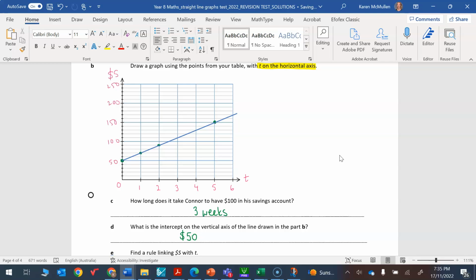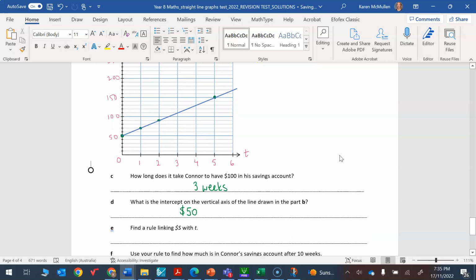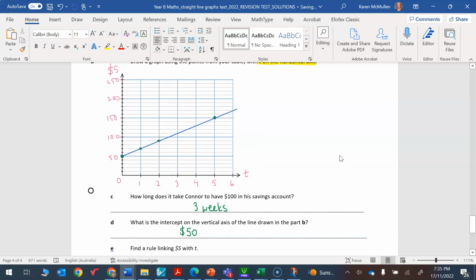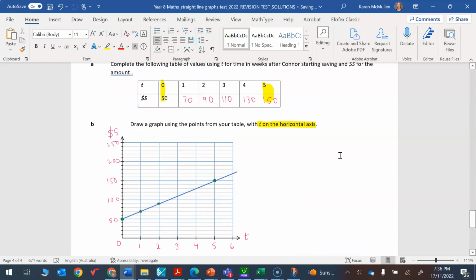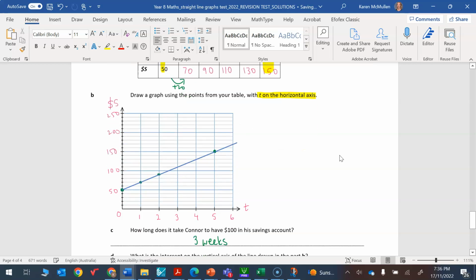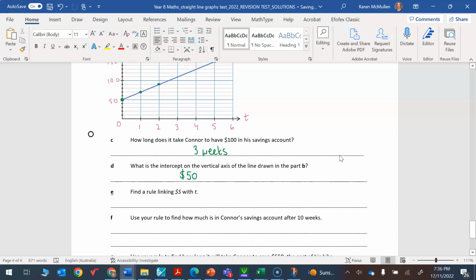Okay, now find a rule linking dollars with T. So we know our y-intercept is 50. We just did that in D. All right, and how much are we going up by each week? Do we remember? Going up by 20. So that's our gradient.